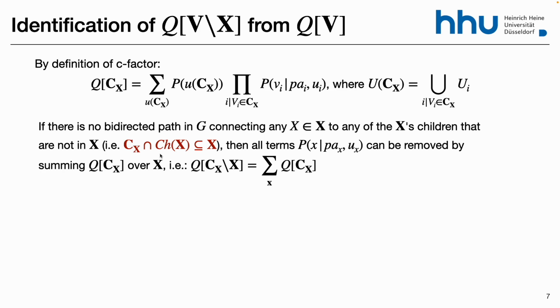So the children of X have to be in the union of C components, in the C_X union. So the children of X have to be in the C union that contains all the X's. Yeah, I want that the children of the X's are not confounded with the X's, except if they are already X's.